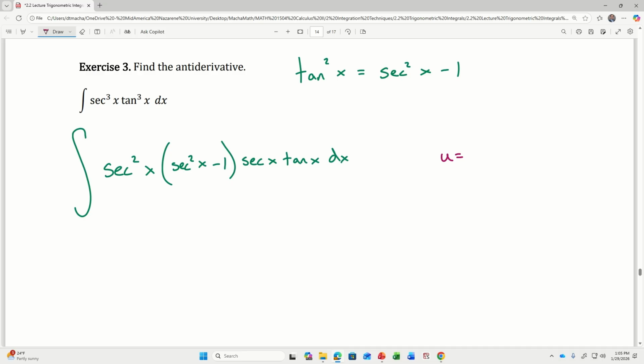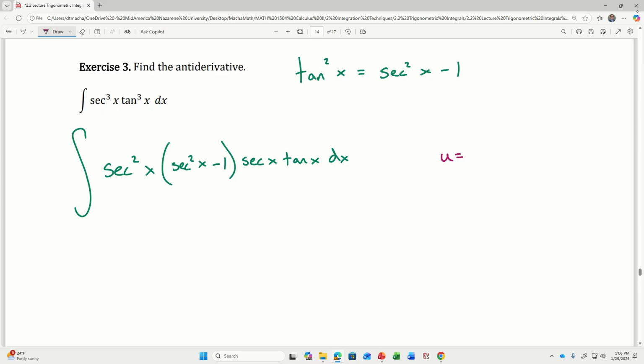So in addition to converting a tangent squared into a secant squared minus 1, I also split up secant cubed into secant squared and an extra secant towards the end. You'll see why here in a minute. What do I choose for u? Secant.